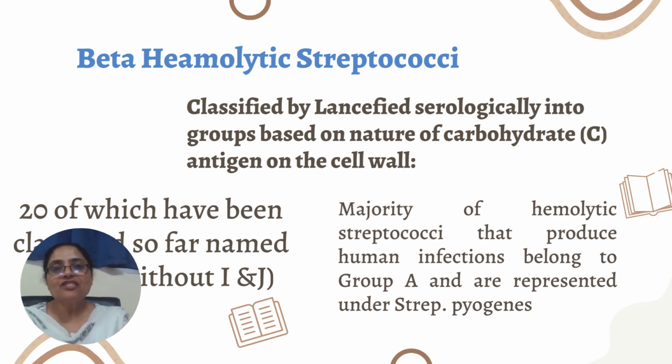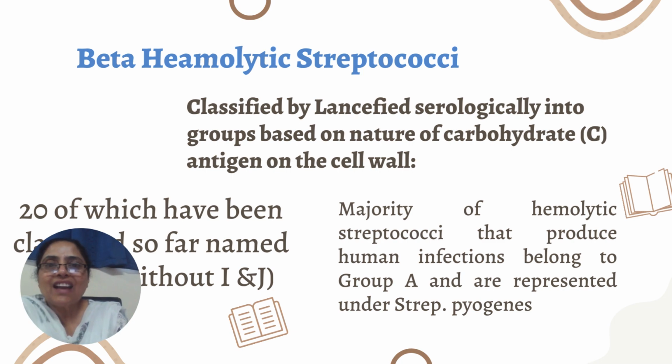It is noticed that the classification is based on the nature of carbohydrate, that is the carbohydrate present on the cell wall of the bacteria. I'm going to show where this carbohydrate is present and what is its nature. On the basis of the chemical nature of this carbohydrate, they have been classified into 20 groups, where A to V are included, and I and J are missing. So the majority of hemolytic streptococci that produce human infections belong to group A.